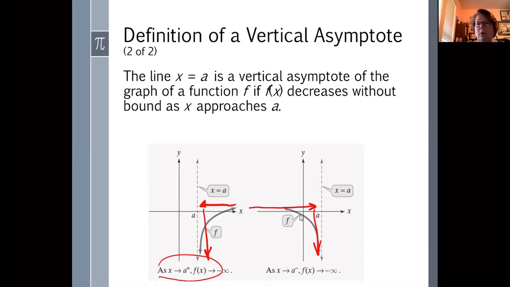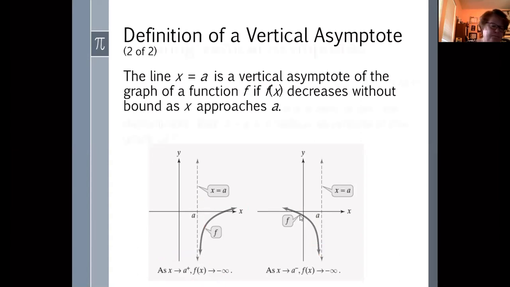Again, you can't cross a vertical asymptote. You can't touch a vertical asymptote. The graph comes along and skims that vertical line, but it never crosses it and it never touches it. It can increase without bound at a vertical asymptote, or it can decrease without bound at a vertical asymptote.